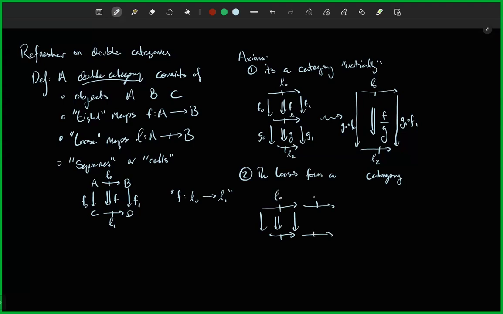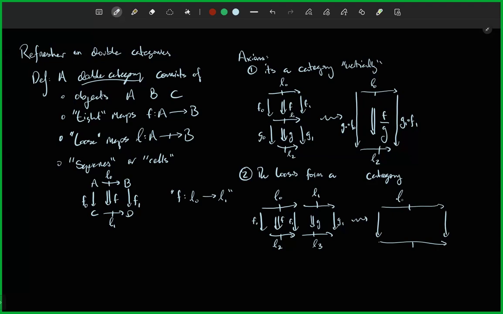If I have L0, L1, L2, L3, and this is F0, F1, this is F, and this is G, G1, then from there I can form the composite, which has the appropriate boundary.